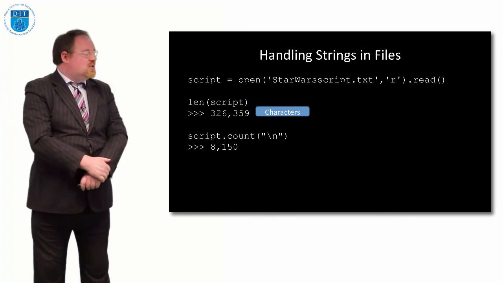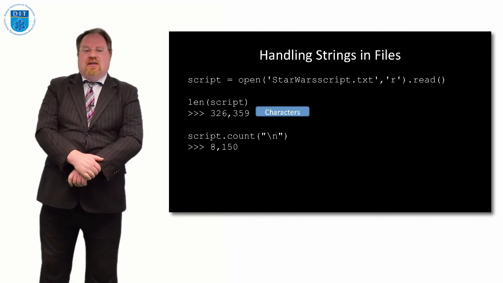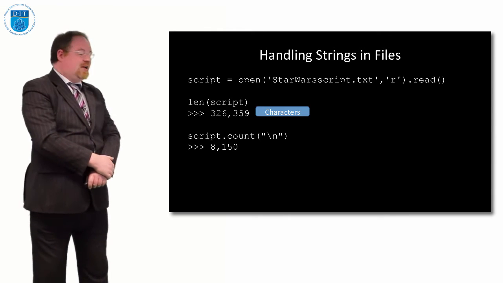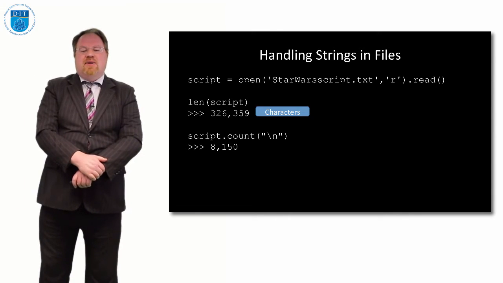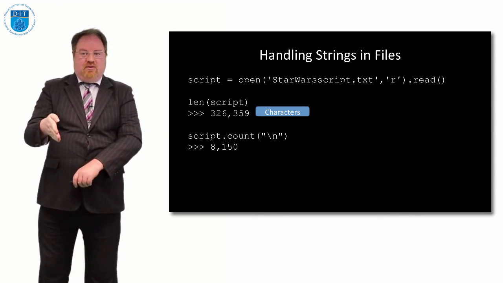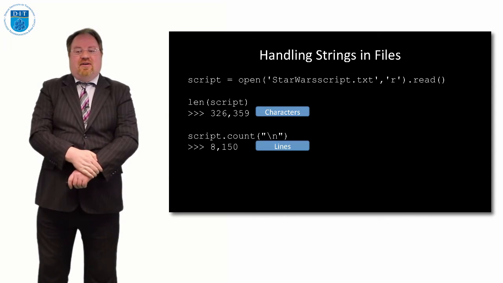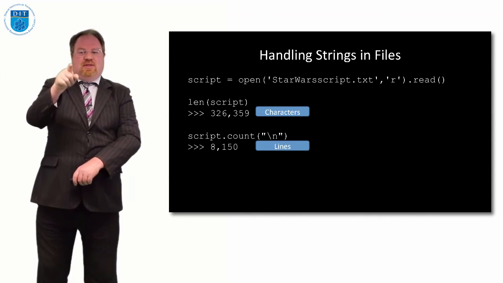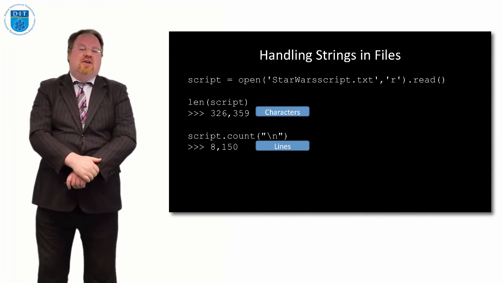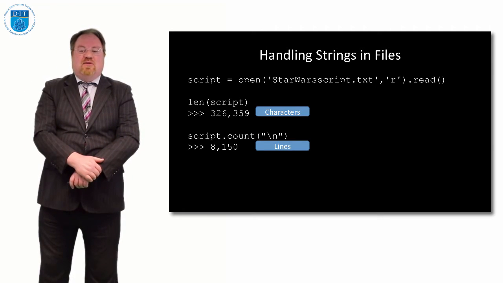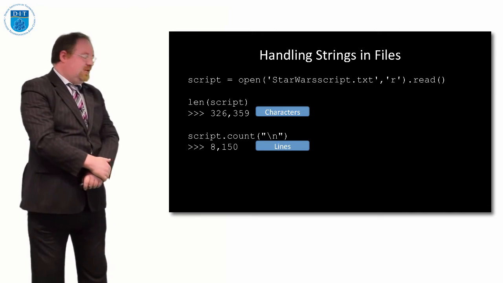If we go script.count, open bracket, inverted commas, \n, inverted commas, close bracket, what that means is count how many times new line appears, how many carriage returns there are in this file. In other words, how many lines there are. So each line ends with a new line character. So if I count how many new lines there are, that tells me how many lines there are in this file, as it happens in the Star Wars script.